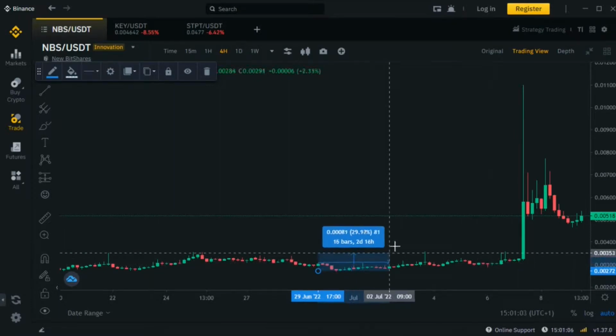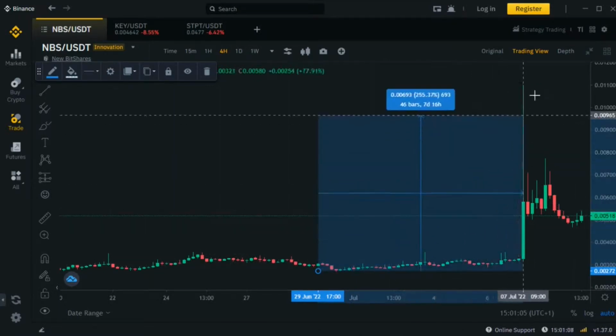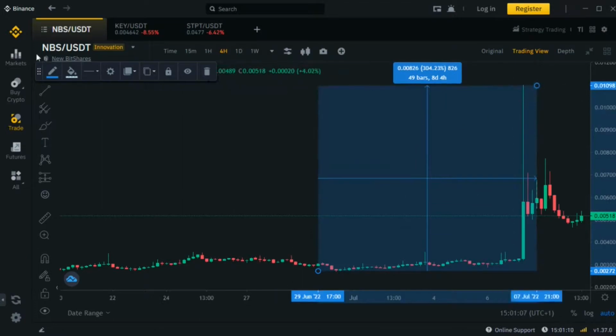So as you can see on the candlestick price chart data, the most current bullish trend section of the NBS USDT cryptocurrency pair bounced up by approximately 305% in a matter of 8 days and 4 hours. The question is, how much money can you potentially make as profit going long on this bullish trend section? For example, let's say you open a long trade position with $1,000 worth of trading capital.